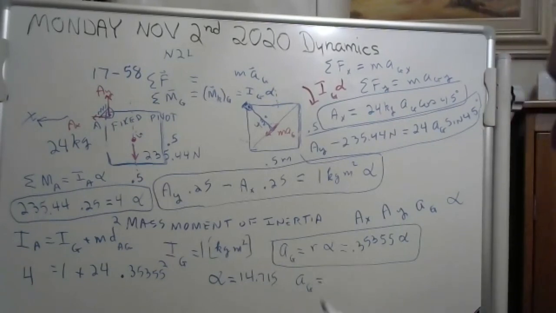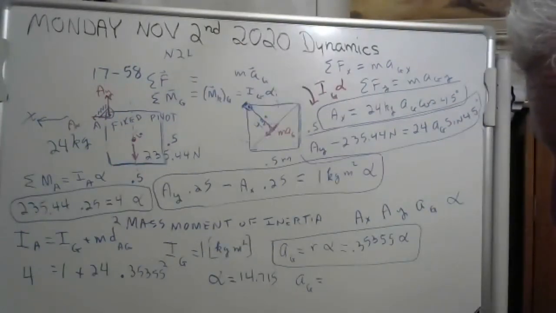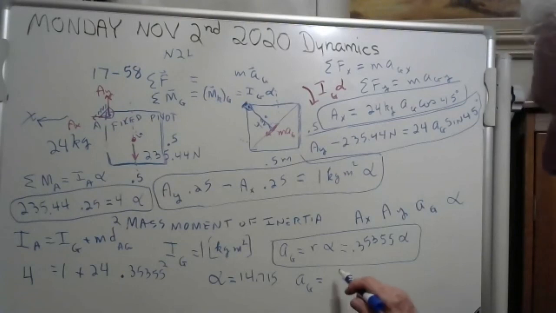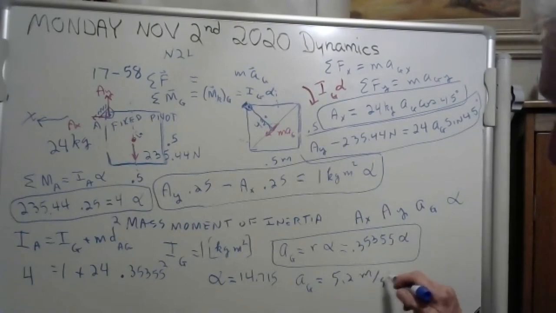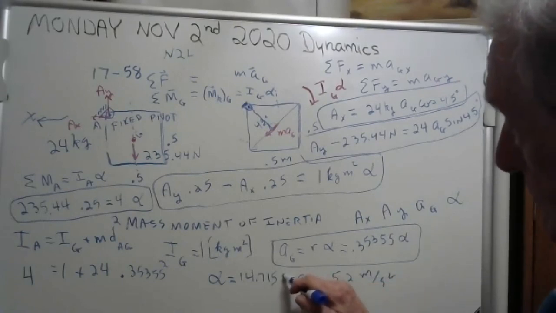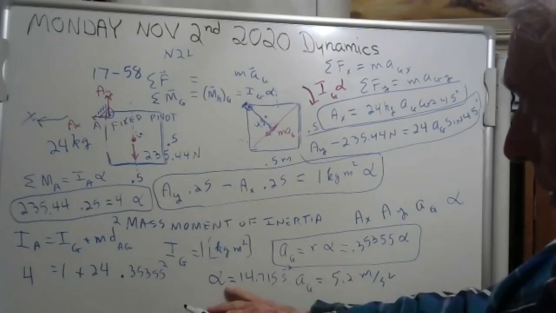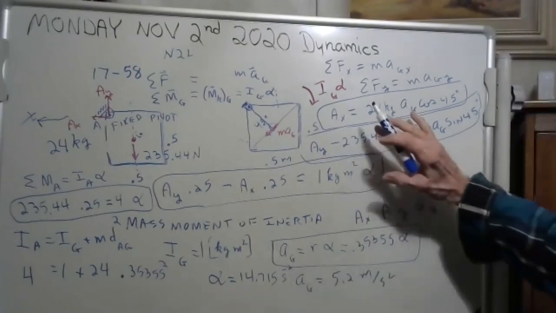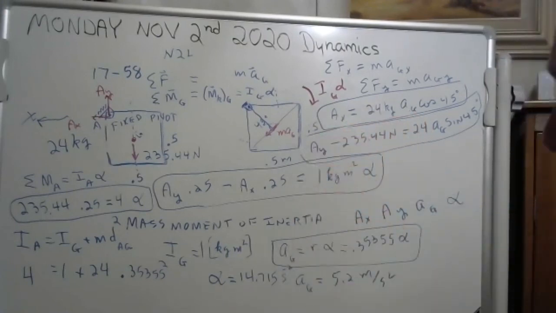It's just going to be that alpha times that, which is 5.2 meters per second squared. So we got alpha, we got A, and with that knowledge, we can get AX and AY.